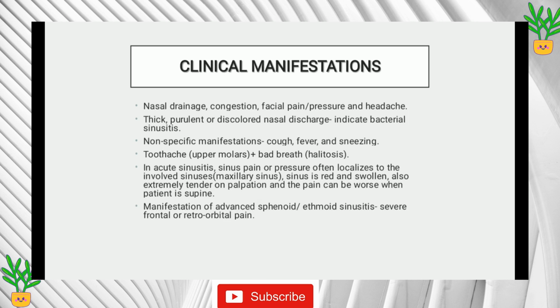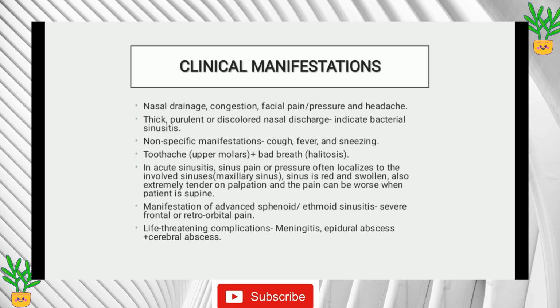Now the manifestation of advanced sphenoid or ethmoid sinusitis. If a patient is suffering from sphenoid or ethmoid sinus infection, then he may have severe frontal or retroorbital pain, and retroorbital is nothing but the pain in or surrounding the eyes.